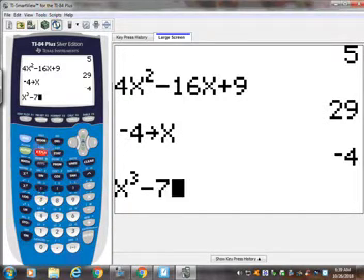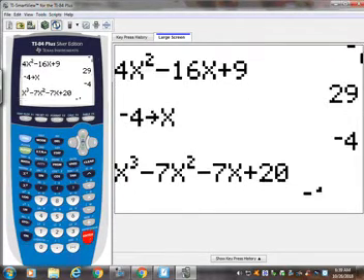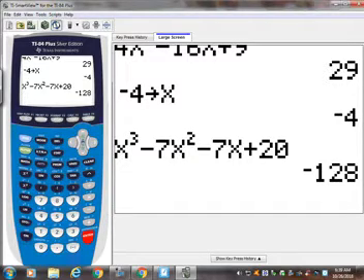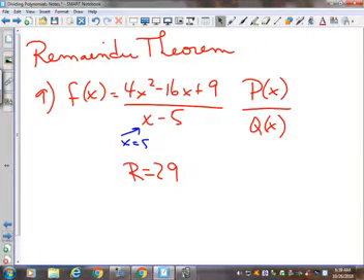Minus 7x squared minus 7x plus 20. And it tells me my remainder was supposed to be negative 128, like I said. So I now know this problem is right because I got negative 128. So that's how you can check and see if you've done your division correctly. So that's what the remainder theorem is all about.